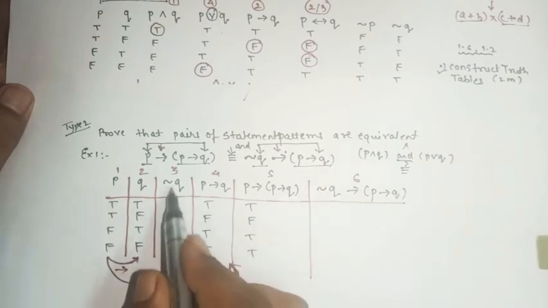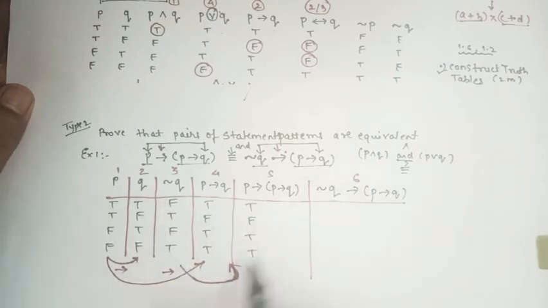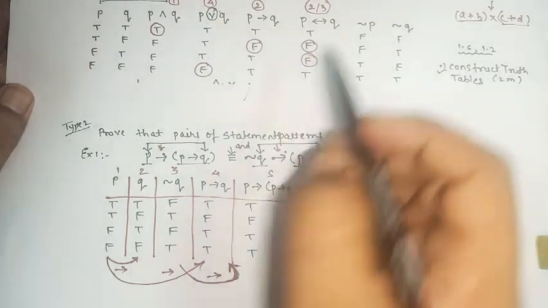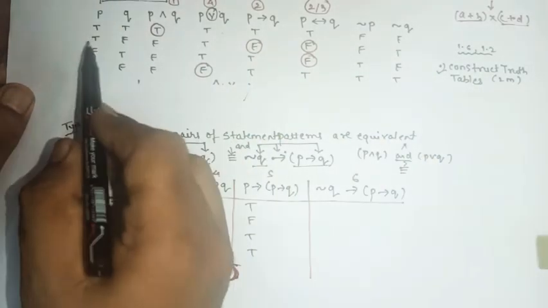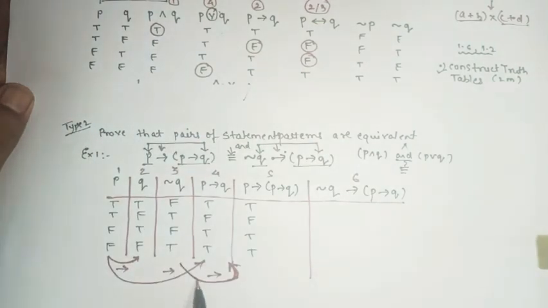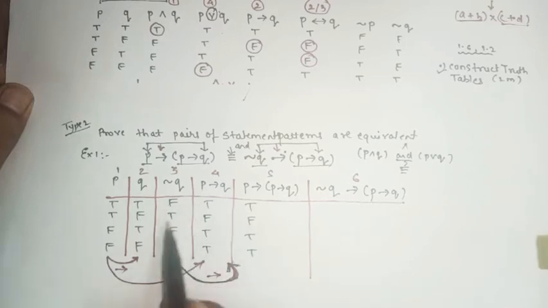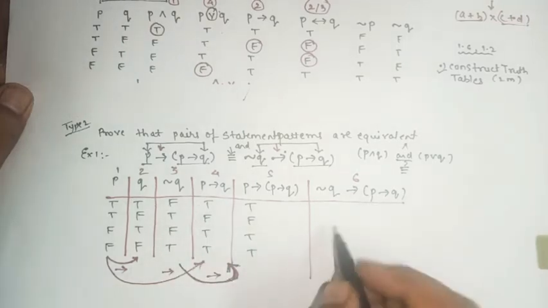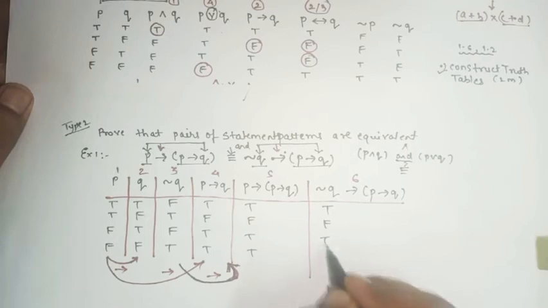So negation of Q, it is there, and implies P implies Q. Now between these two, yes or no? So what is the connection? Again it is implies. So we know that in implies what happens? In implies we only have to check for true, false. So between these two, yes or no? Check true, false, true, false, true, false. Yes, second one. So the rest will be what? True.